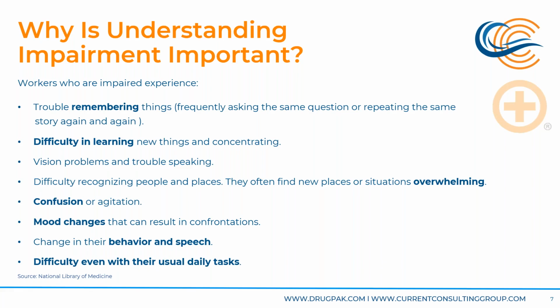But before we move to that, when you think about the different impact or effects that impairment has on a person's ability to do what you've hired them to do or what your clients have hired them to do, you can see where impairment becomes a very critical issue.